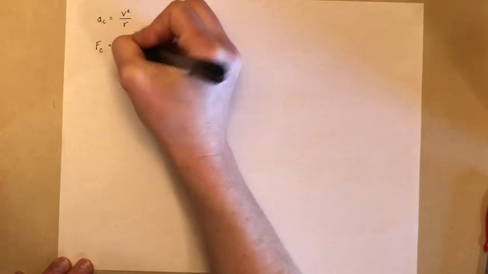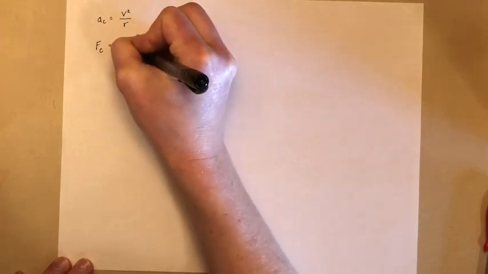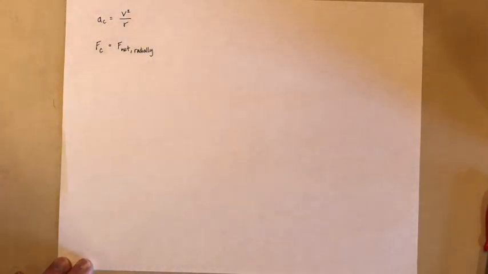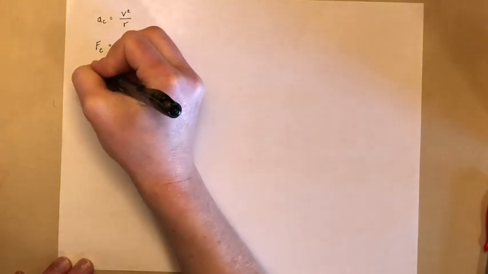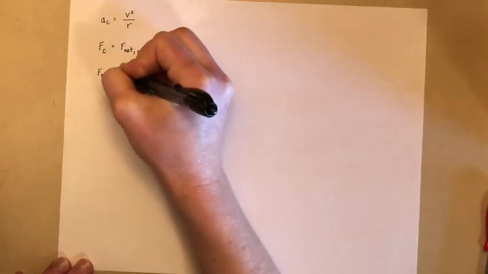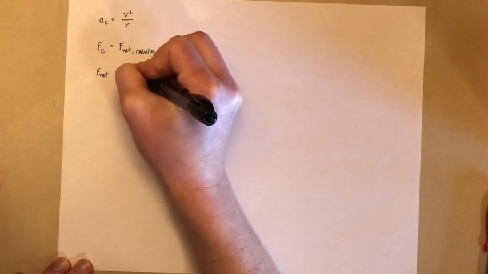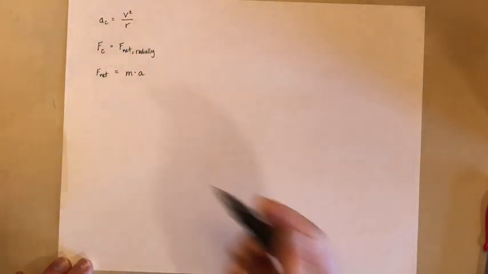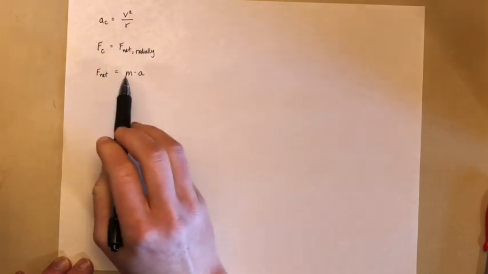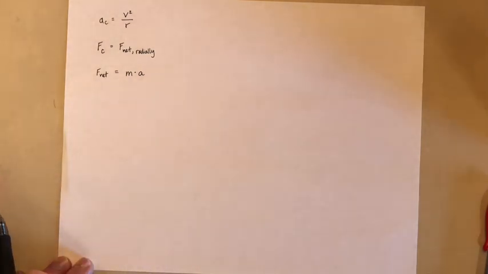So it's the F net in the radial direction, so pointing inwards or outwards from that circle. And F net from before we've realized is equal to the mass of the object times its acceleration. Or the way that we've really written this is that the acceleration that an object has to experience is the net force divided by the mass.